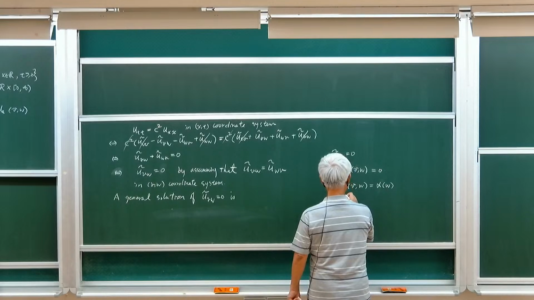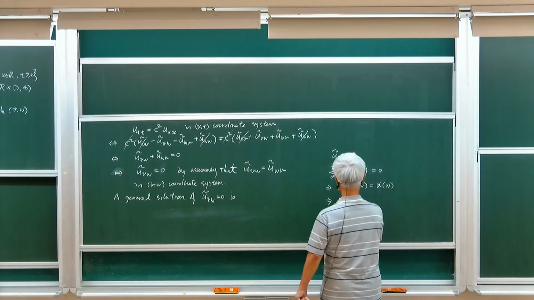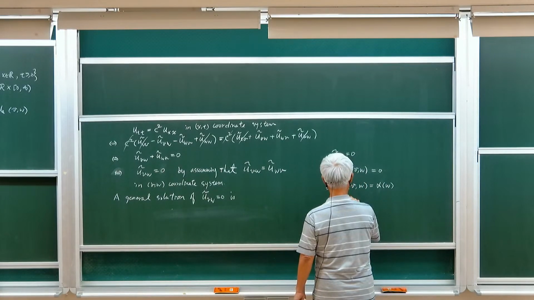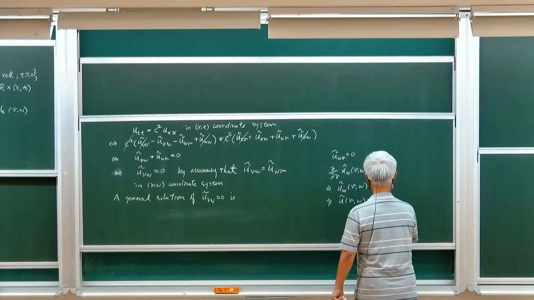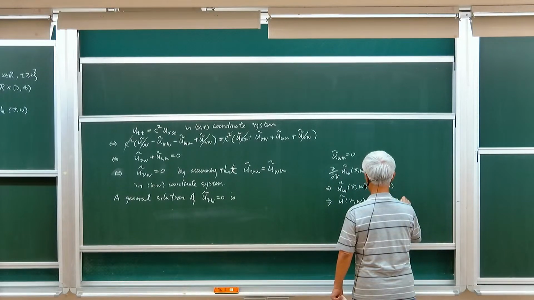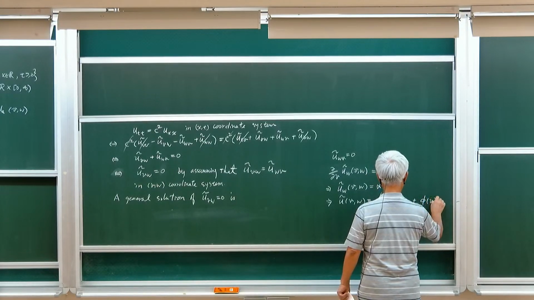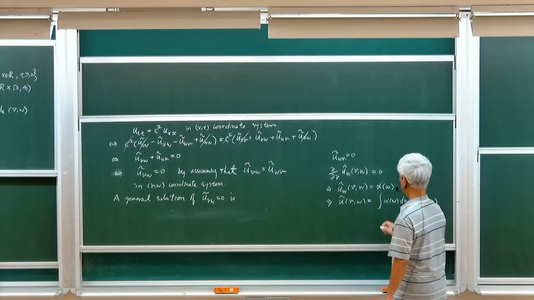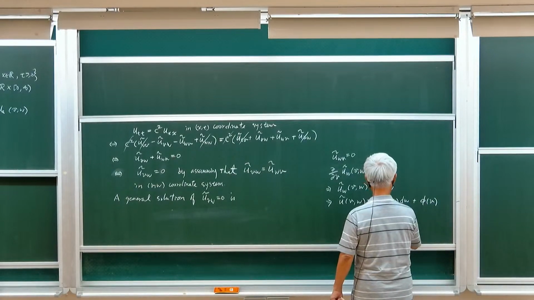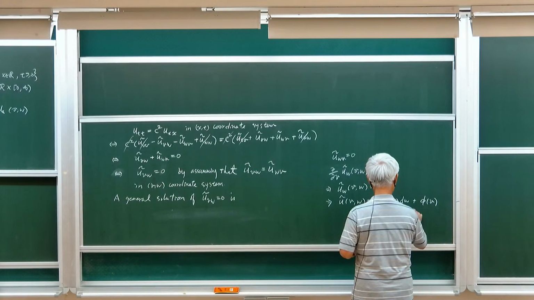And then when we do the integration again, so the u tilde_vw becomes plus a function of v here. Okay. And we define this as psi of w plus phi of v.